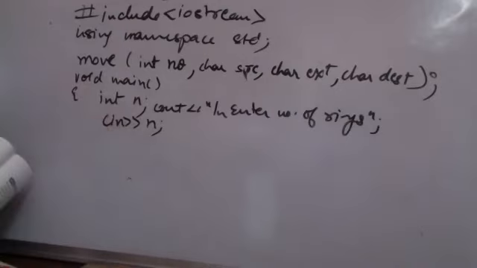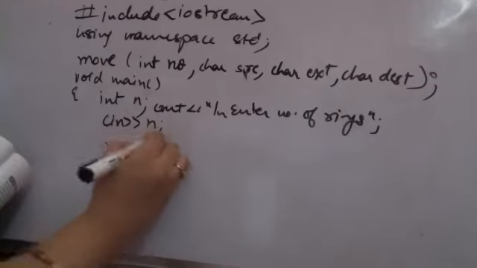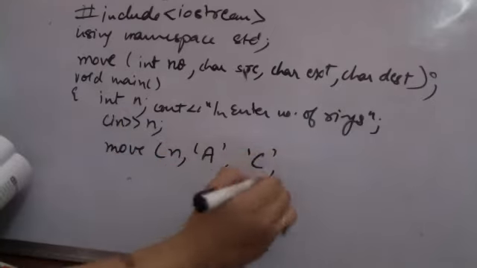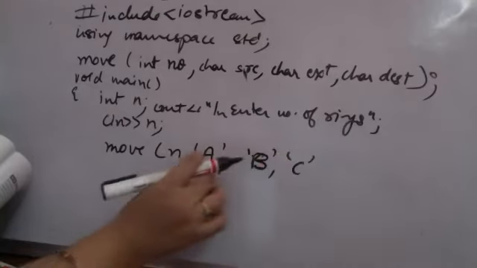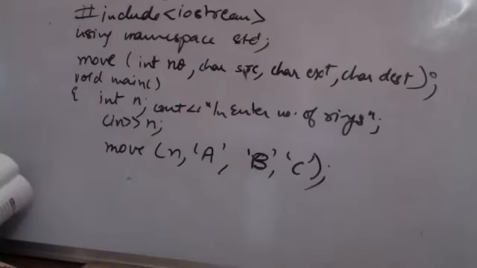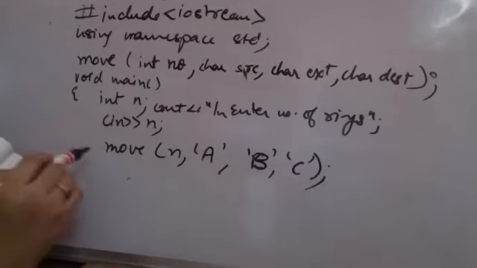For this, now you are calling the function move for n rings. A is source, B is extra, C is the destination. So you are calling this source, extra, destination. After this, you do nothing, main ends.